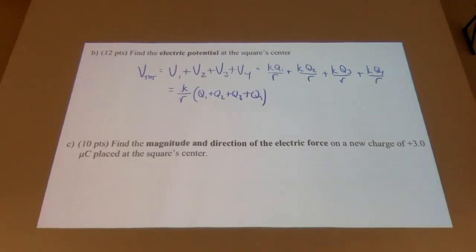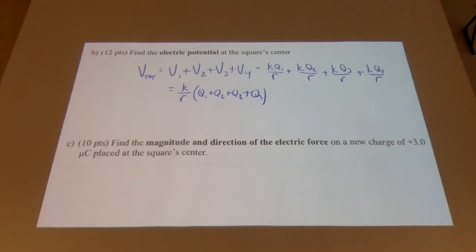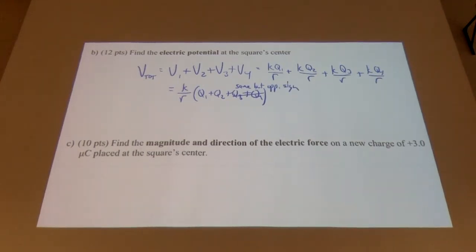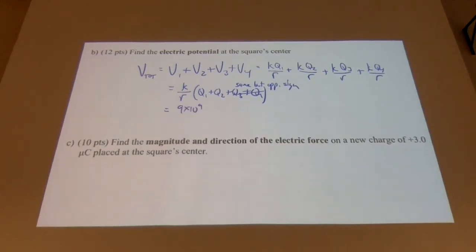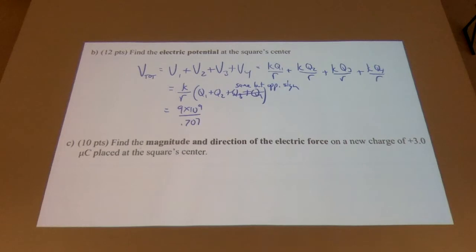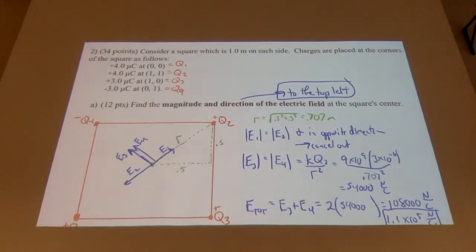So let's see, Q3 and Q4 are the same, but one's positive and one's negative. So these two are gonna cancel each other out. These are the same, but opposite sign. So we really have K over R times Q1 plus Q2. So that's 9 times 10 to the 9th over 0.707. And Q1 plus Q2, I think both of those were 4.